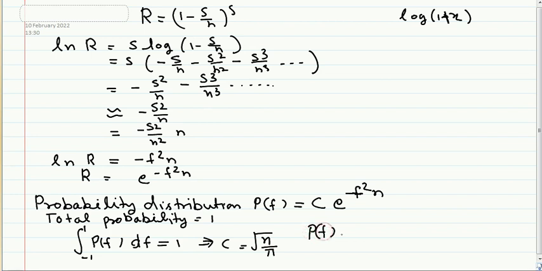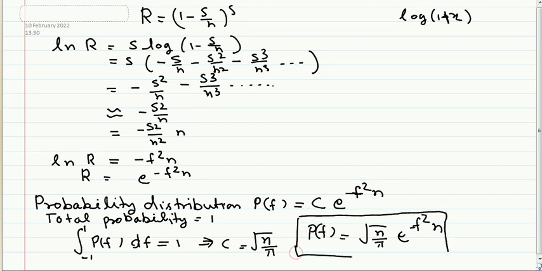The value of Pf is equal to √(n/pi) into e to the power minus f square n. So this is the probability distribution. For any given fluctuation f, the probability distribution is √(n/pi) e to the power minus f square n.